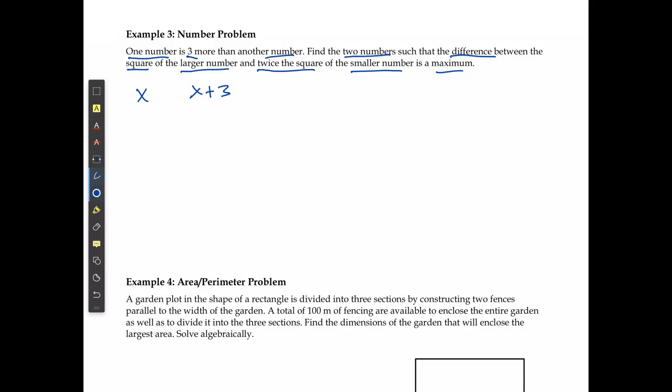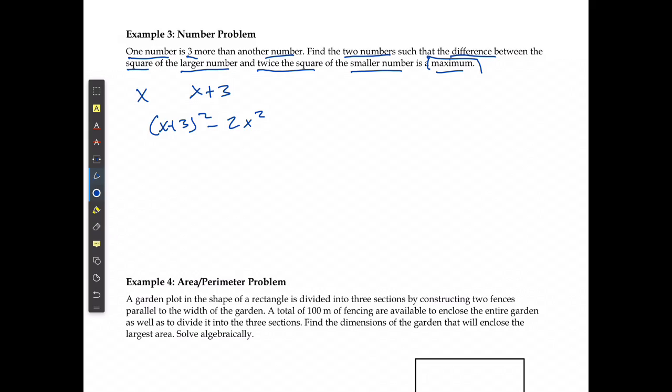If I'm taking the difference between the square of the larger number, x plus 3 squared, difference means subtraction, 2 times the square of the smaller number, 2x squared, then that's going to be a maximum.